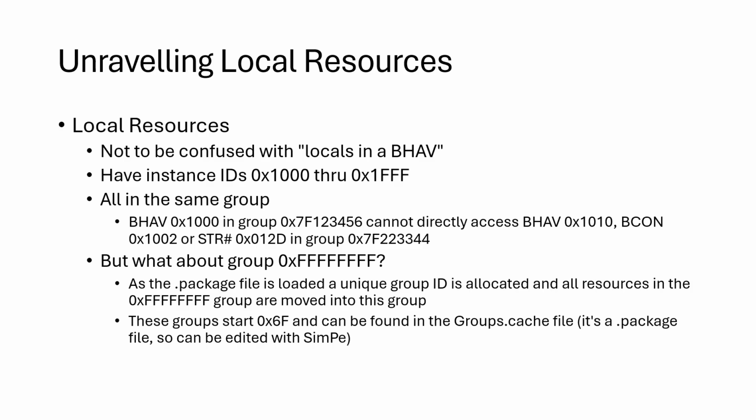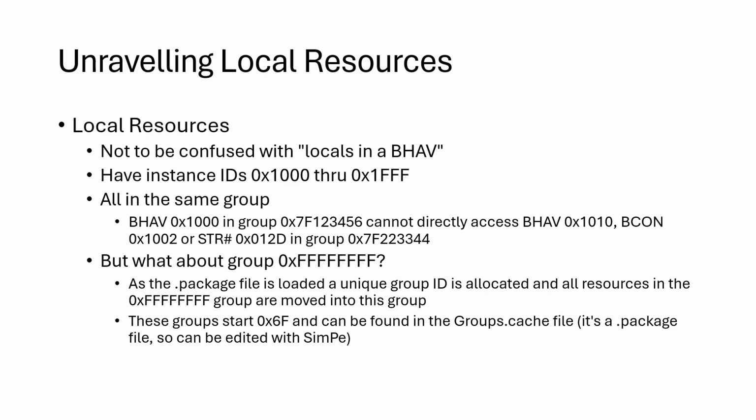And the reason for this is when the game loads these, any resources which are in that special group, it takes the file name and hashes it and produces a unique group ID, and then it moves all those resources into that unique group ID, and for the other object it will move them into a different group ID.